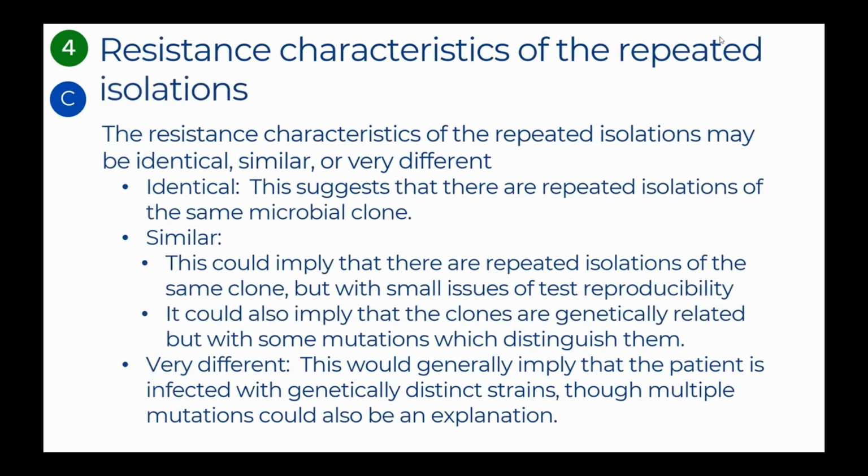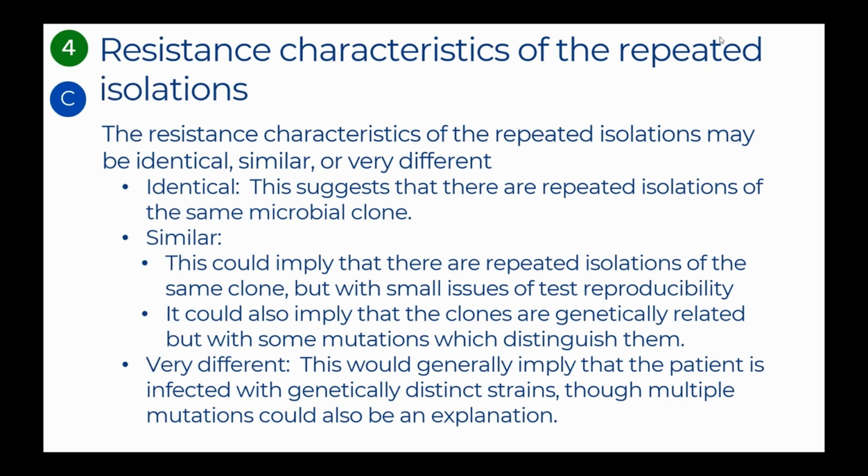The resistance characteristics of the repeated isolations may be identical, similar, or very different. Identical results: this suggests that there are repeated isolations of the same microbial clone, perhaps on different days and in different body sites. Similar results: this could imply that there are repeated isolations of the same clone, but with small issues of test reproducibility.